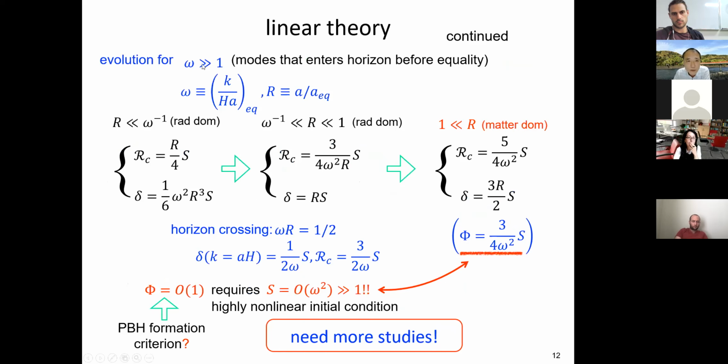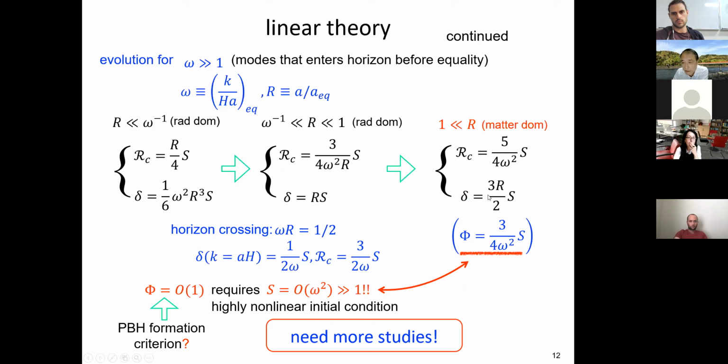The interesting or important case is the case of omega much greater than 1, which means those fluctuations which are well inside the horizon already during radiation dominance. In this case, the isocurvature perturbation still remains almost constant, but the density perturbation slowly increases, again proportional to the scale factor, because the matter density is becoming more and more important and starts to dominate the universe.